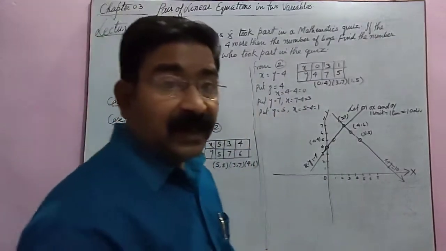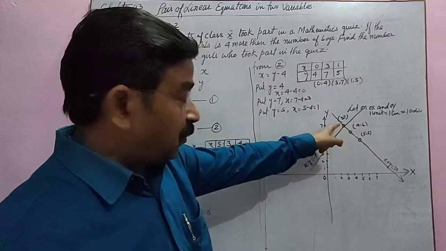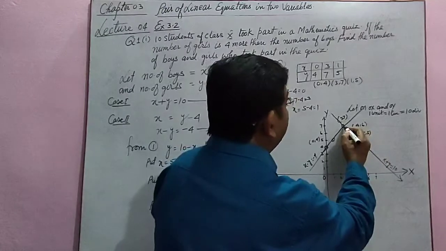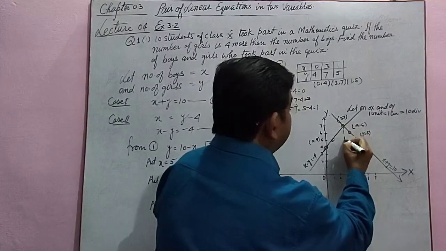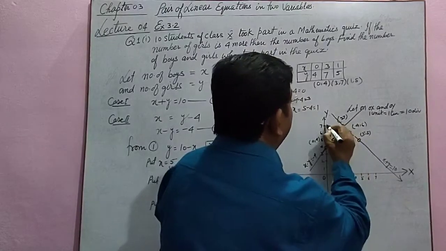Now how to write the answer? From the point of intersection, draw the perpendiculars on the axes. See, I am drawing the perpendicular like this with a straight line or with a dotted line.